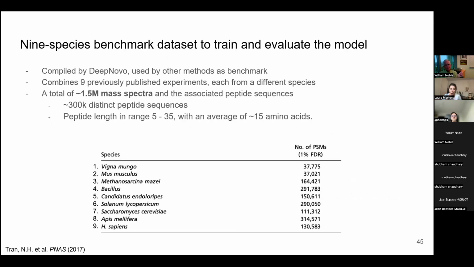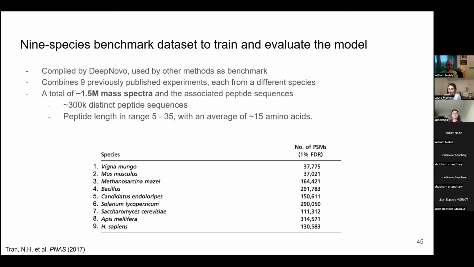We used this existing benchmark. It was originally from the DeepNovo paper in 2017. It's a nine-species benchmark. You have about 1.5 million mass spectra, and the idea is we're cross-validating by species. So we would train on 8 of the 9 species and then make predictions on the 9th one. And it's not a perfect separation of train and test set in the sense that some species do share a few peptides in common, but it's a very small percentage of shared peptides.